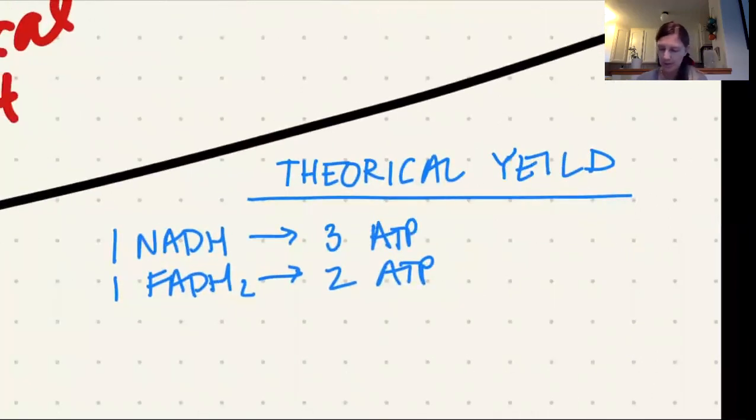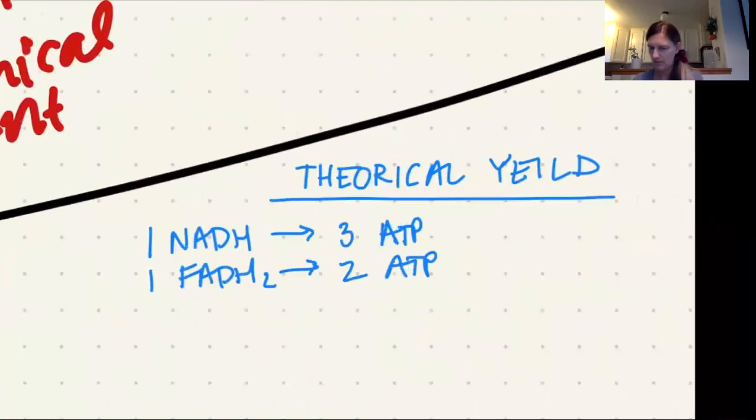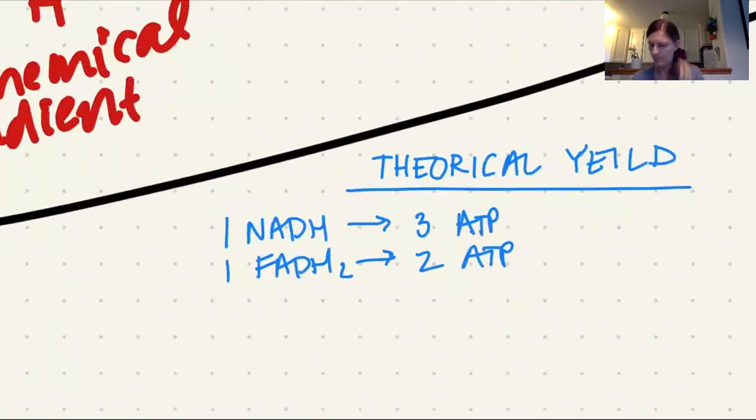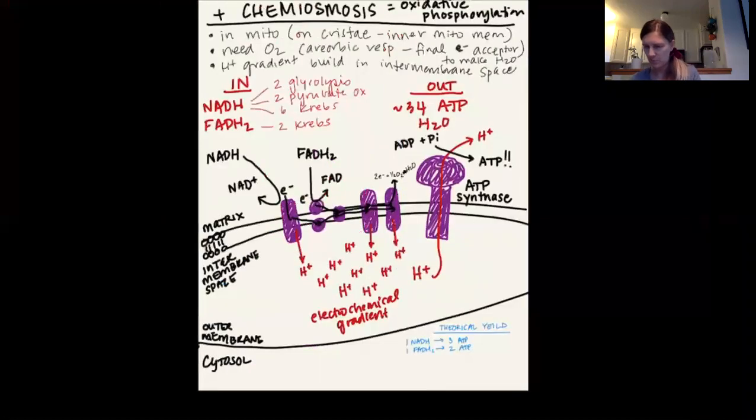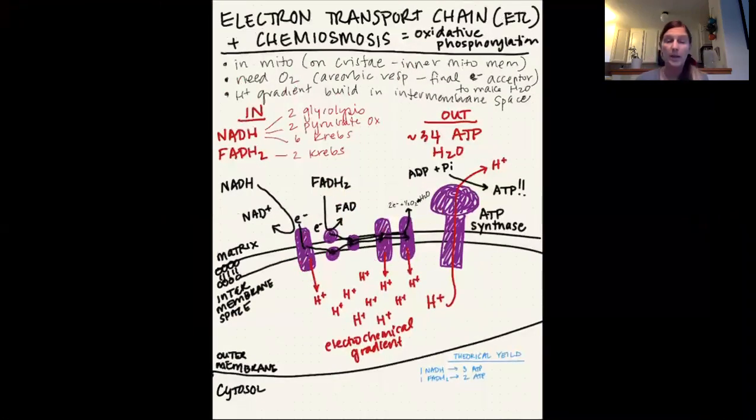So in this process, how many NADHs did we have? Whoa, sorry, my iPad just stopped working. Okay, so let's go back and look at how many NADHs we had total. We had 6 from Krebs, 2 from pyruvate oxidation, and 2 from glycolysis. So that's 10.